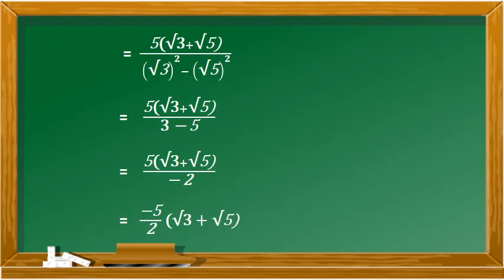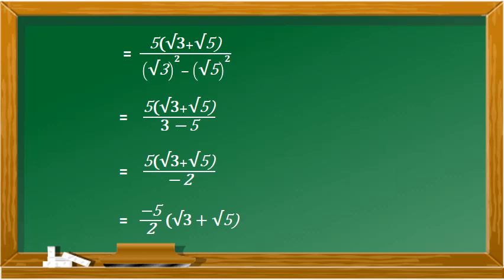Now it becomes 5 of (root 3 plus root 5) by (root 3 the whole square minus root 5 the whole square), since (a minus b) into (a plus b) is equal to a square minus b square. Now the next step becomes 5 of (root 3 plus root 5) by (root 3 into root 3 is equal to 3, minus root 5 the whole square is equal to 5).